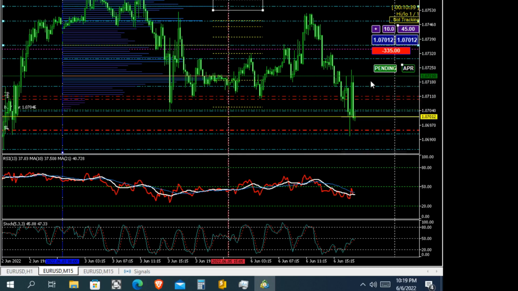Price is bouncing around. I'm not really sure, but I already see that it went further below the previous bar. So that could be a sign that it still wants to push this price down. And I'm not liking that.